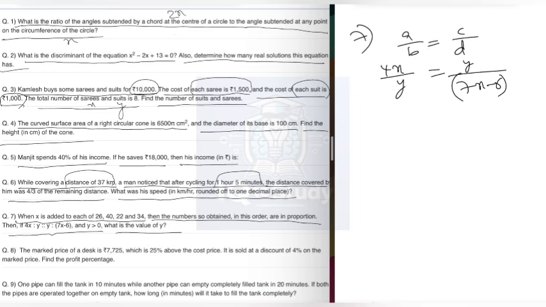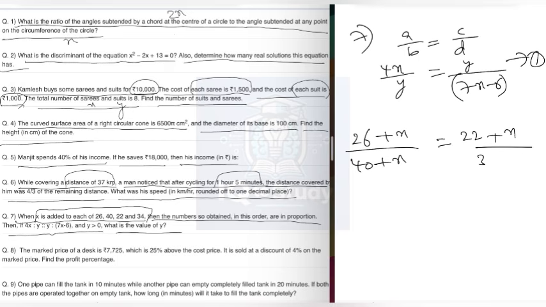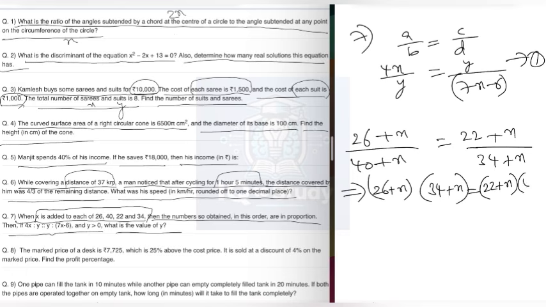In the question, they have given the condition of when x is added to each of 26, 40, 22 and 34. Let's take this. If x is added, then this becomes 26 plus x by 40 plus x is equal to 22 plus x by 34 plus x, which means 26 plus x into 34 plus x is equal to 22 plus x into 40 plus x.